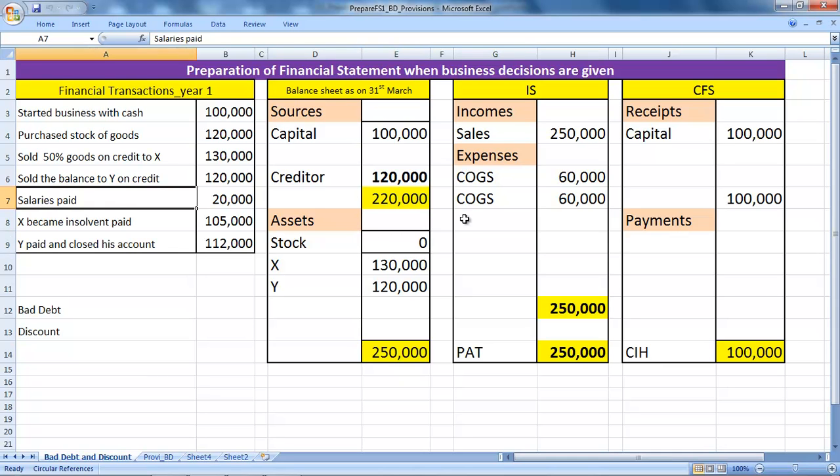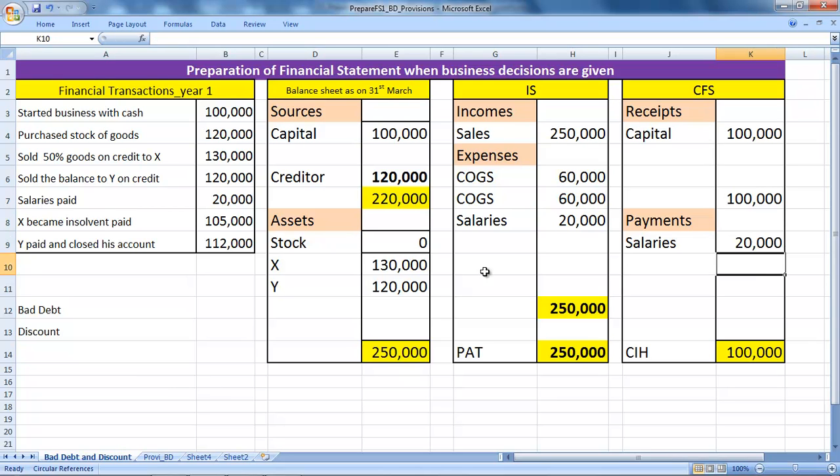Then you paid expenses, so salaries for the period is 20,000 and you paid that salaries. Okay, no outstanding because entire salary has been paid. X has become insolvent.